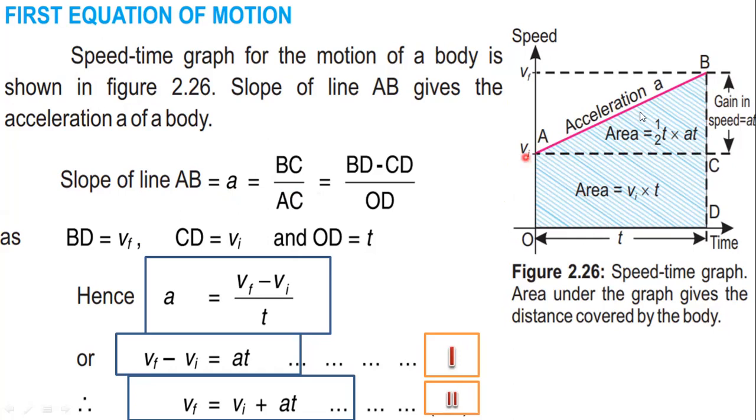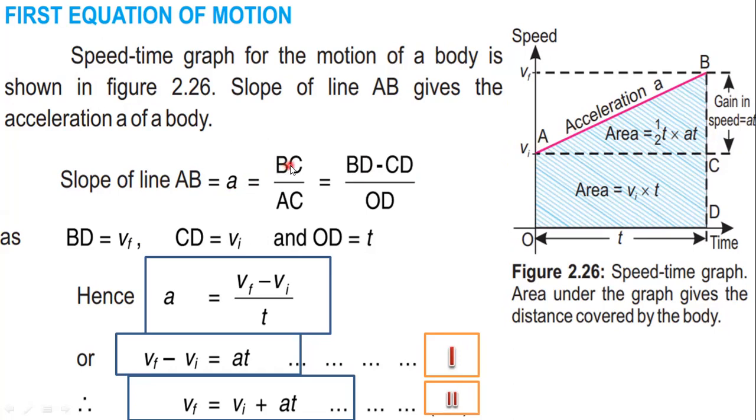So this much is the rise and this much is the run, that is along the x-axis, and this rise is along the y-axis. So the ratio of rise to run is called the gradient or the slope.